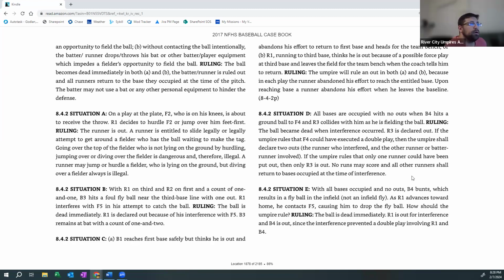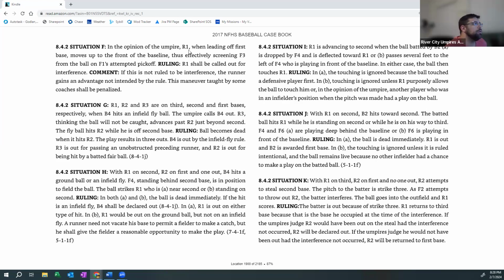Okay. Check something. Okay. It's a ground ball and if it flies down against second base in position. Okay. Okay.